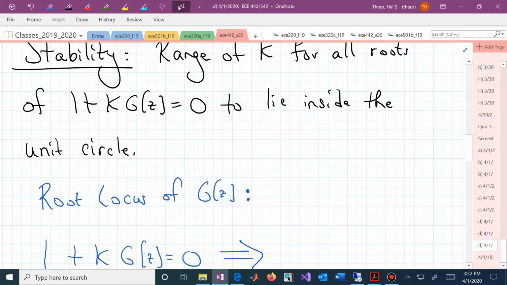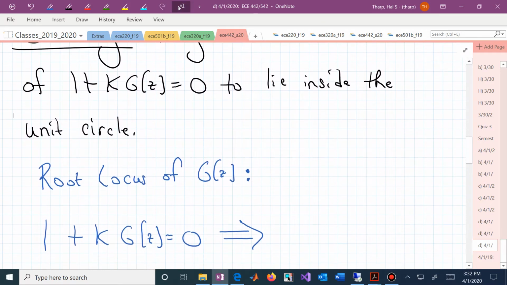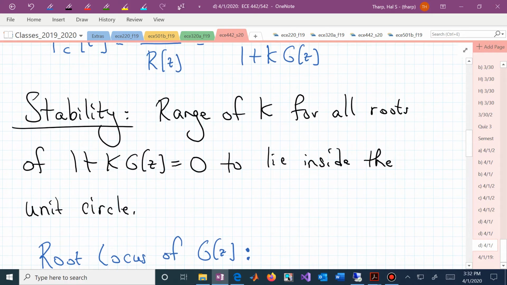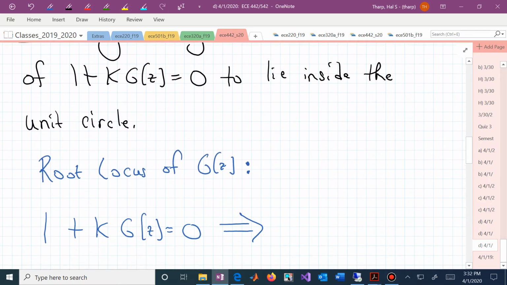And that's actually what is investigated when we draw or sketch these root locus diagrams of a system G(z). We are interested in the closed loop behavior, which is governed by the denominator expression 1 plus KG(z).